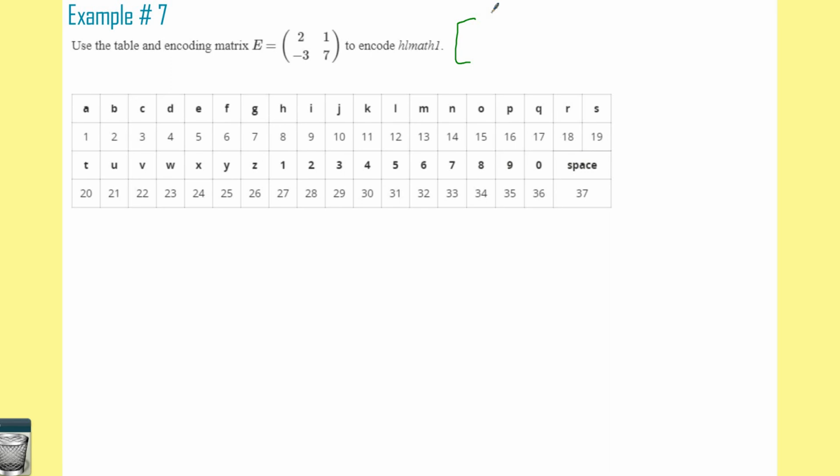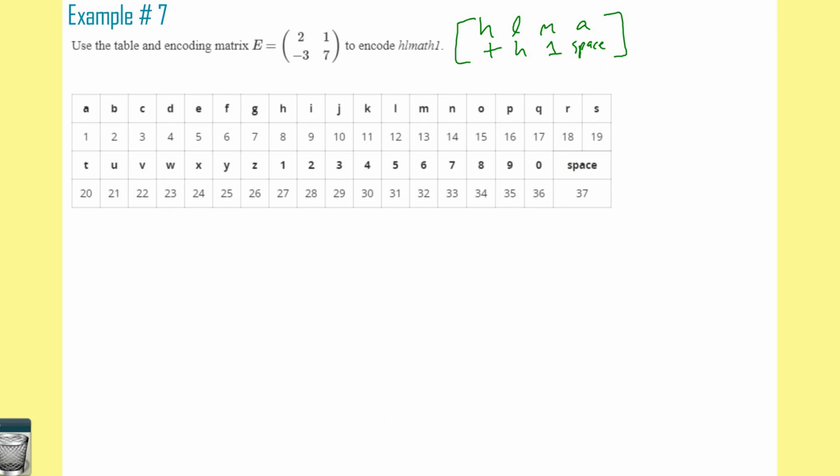So I'm going to rewrite this HL math as a 2 by 4. So what I mean by that is I'm going to say H, L, M, A, T, H, 1, but since I have an empty spot, I'm just going to put a space. That way the person I'm sending it to doesn't think that's an actual letter, right?